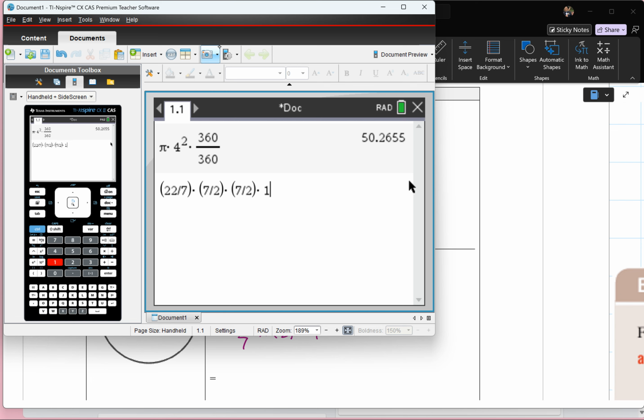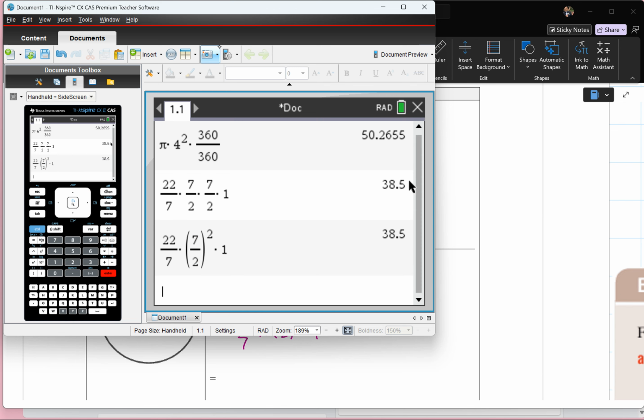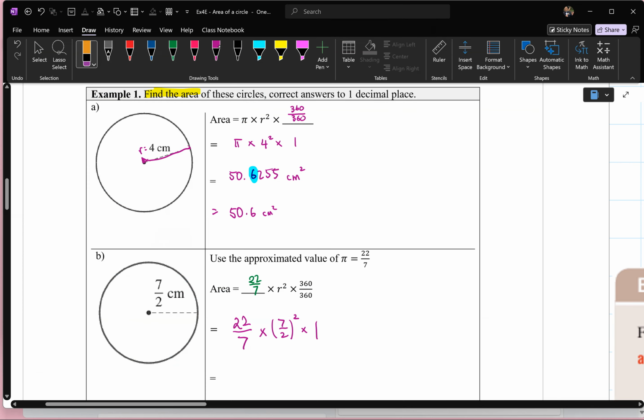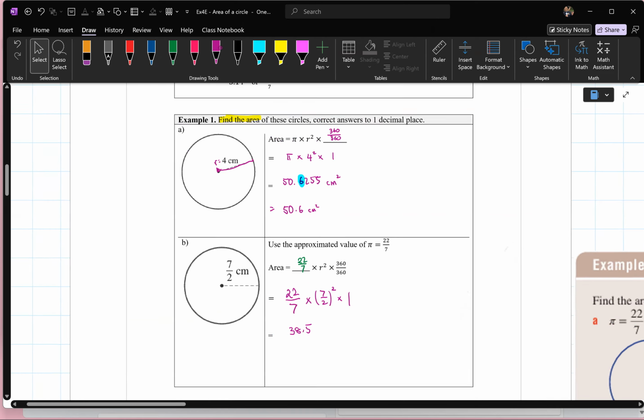Multiplying by 1, your answer should be 38.5. So you could have done it the way I would have done it on my senior calculator. I would have done 22 on 7 times 7 on 2 all squared, and then times 1, and I still get the same answer. Okay, so 38.5. So here we go. 38.5. What am I missing?